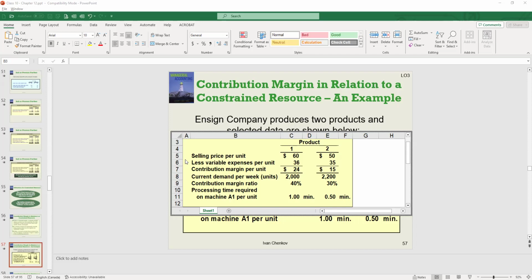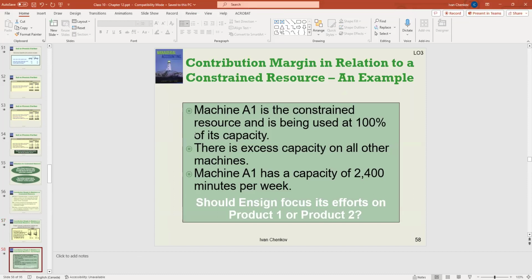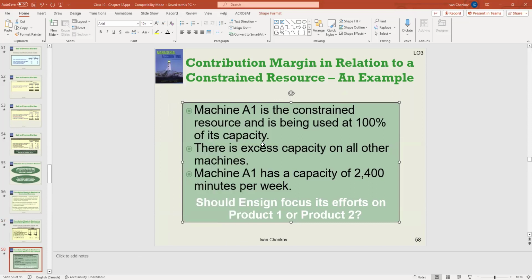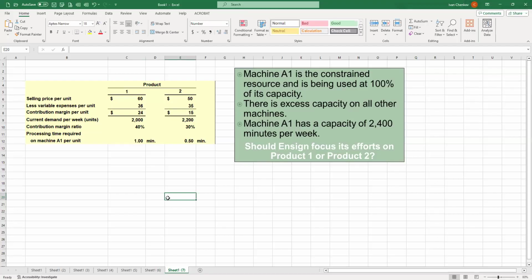Give me a second, I'll be sharing my screen. Okay, I'm ready. So I'm going to stop this one and move to the Excel spreadsheet and let's see what we can get from here.